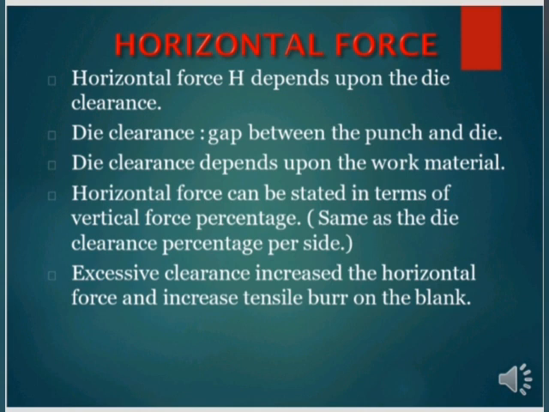Horizontal force can be calculated as a percentage of vertical force, because it is taken the same as the die clearance percentage per side. Excessive clearance increases the horizontal force and increases tensile burr on the blank.